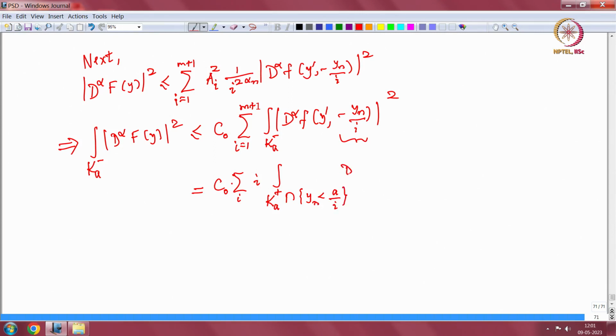So d alpha f of, now I put just y square, but that is again, so you just say that this is C0 k, and you sum over alpha, and that implies.